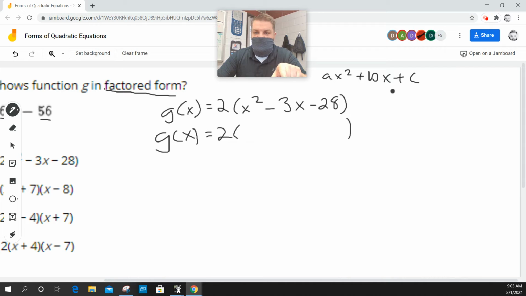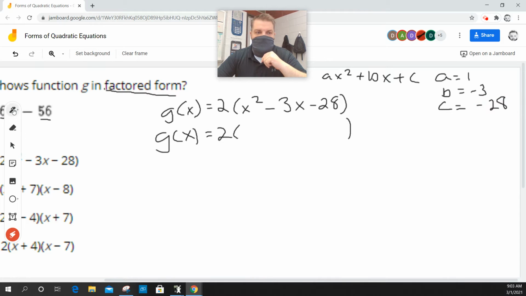In other words, a is equal to 1, b is equal to negative 3, and c is equal to negative 28, right? So in front of this x is an imaginary 1, that's my a term. In front of this is my b term, which is negative 3. And then this is the c term, the constant.